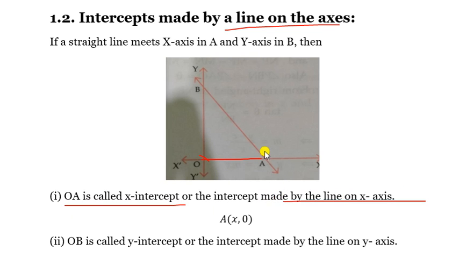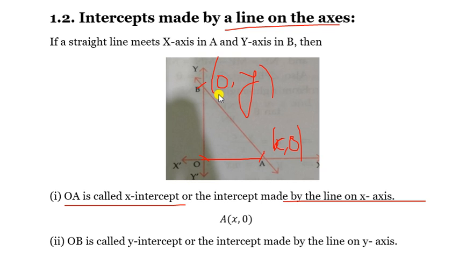And what will be the coordinate of this? Definitely it will be (x, 0), because it's on x-axis. That means it is x comma 0. And at the same time we will get the coordinate of B also. It will be (0, y). And many times I said, point always you have to write in brackets.